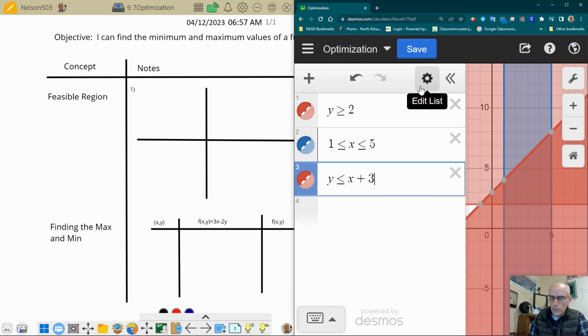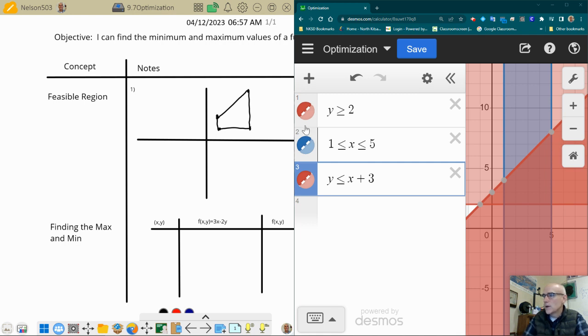I'm just going to draw it, and this is what I want you to do as well. Just freehand draw this. I think my pen tool is turned on. So let's see, how's that look? It looks kind of like this, right? Like a trapezoid right here. And we're going to highlight these points. Where are the vertices of our feasible region?